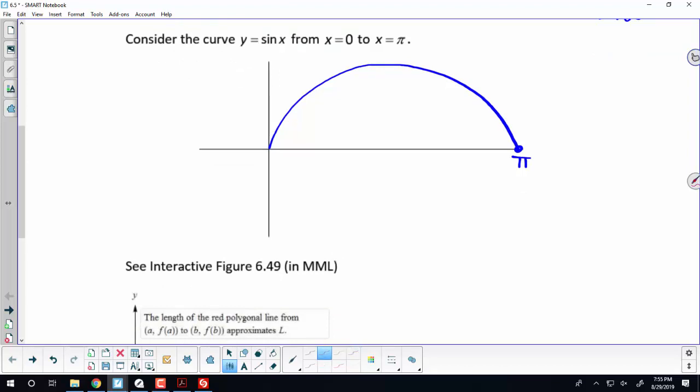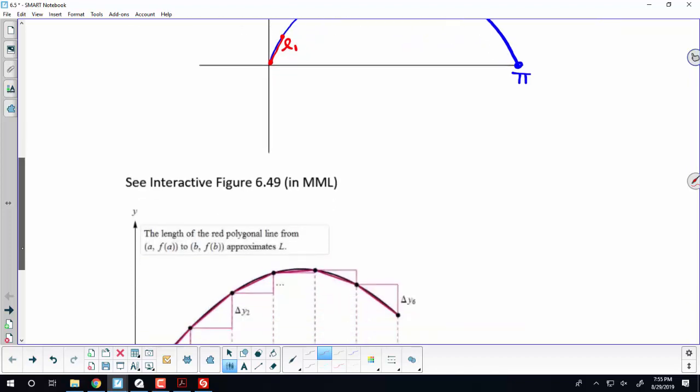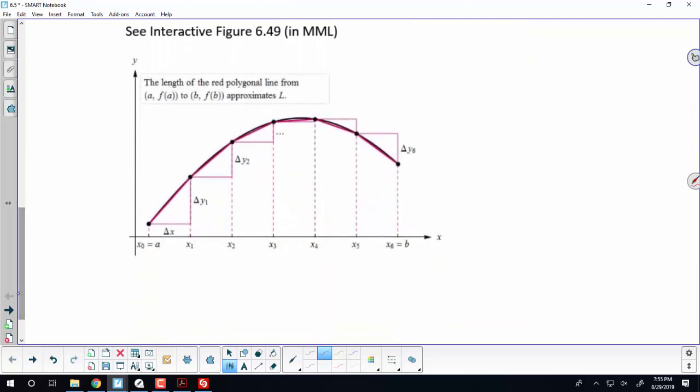I don't know the length of that curve, but what if I knew the length of this thing? That looks pretty straight. I want to measure, call that length 1. I want to measure that length, and then I want to measure length 2, et cetera, et cetera, et cetera. And the way we're going to look at that is how they've structured here.